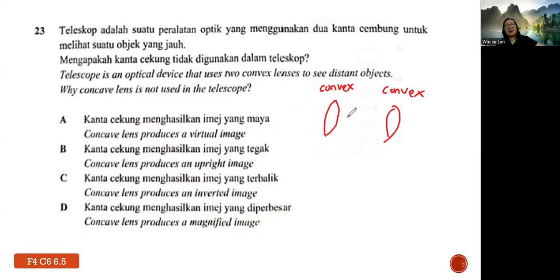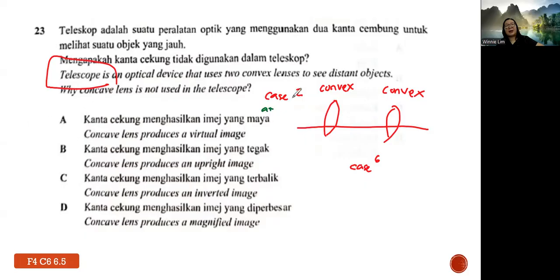I also classify them as case 1 to case 6. To construct the ray diagram for a telescope, we use the idea of case 2, and later when the image forms here, you draw case 6. Finally, your final image is at infinity, so your object is a distant object.